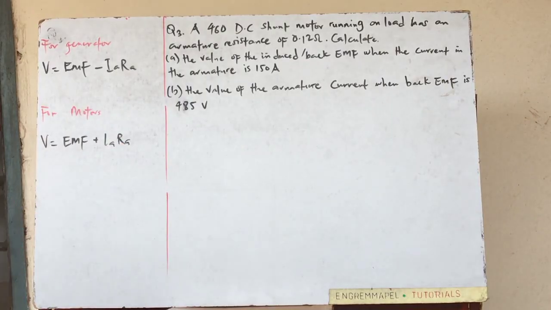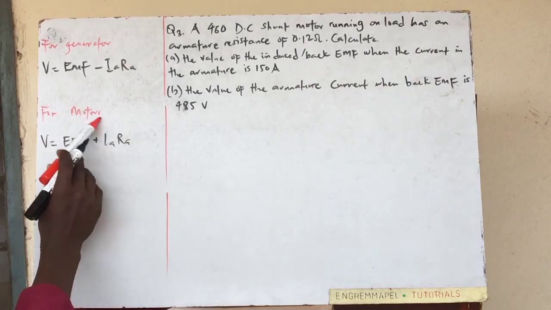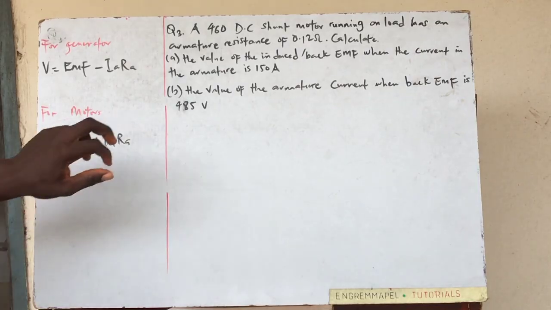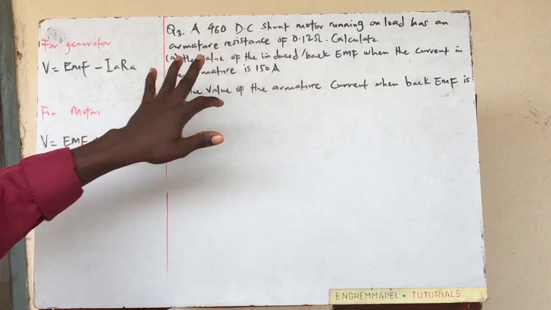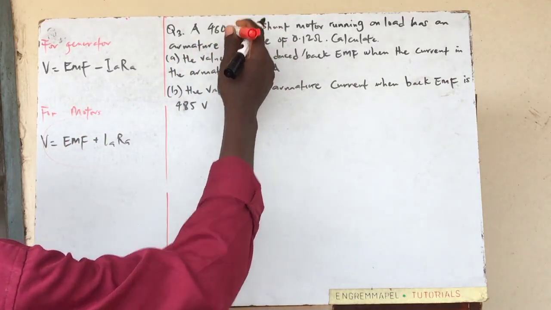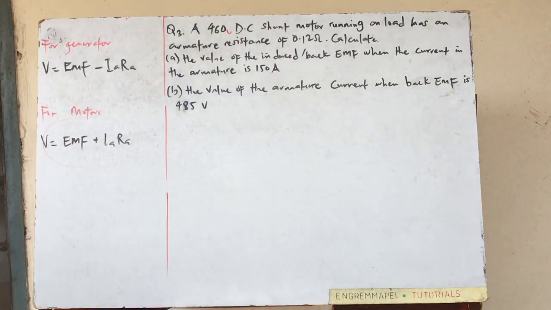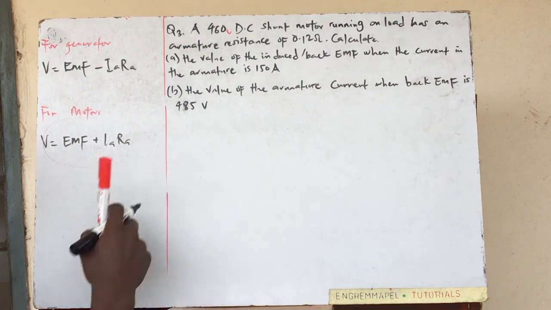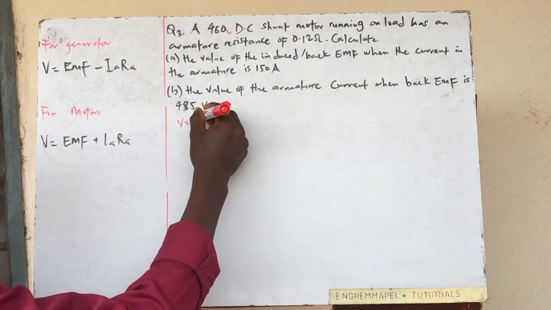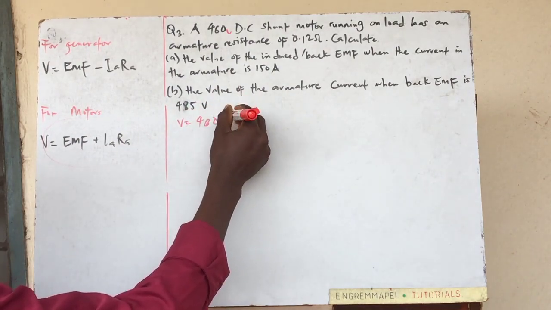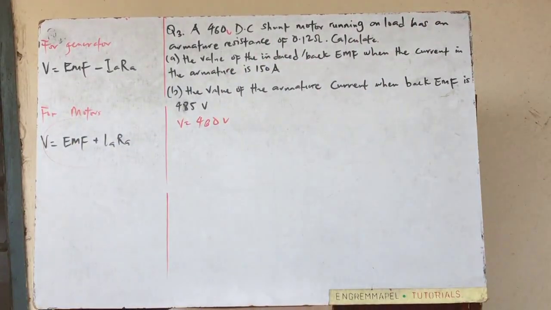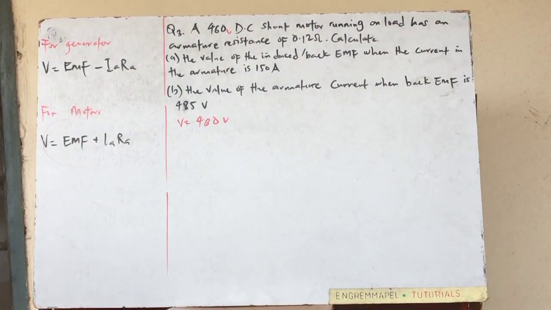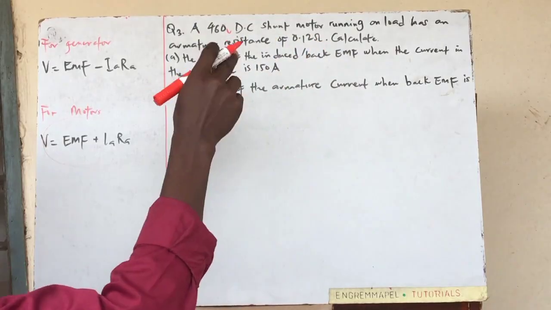Now let's deal with this question. We are dealing with a shunt motor. That means we are making use of this here. So now a 460 volt DC shunt motor. So they've given us the volts from the beginning. We write our given out. They've given the volts as 460. Then running on a load has an armature resistance of 0.12 ohm.